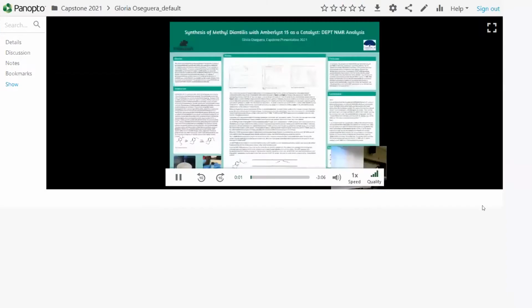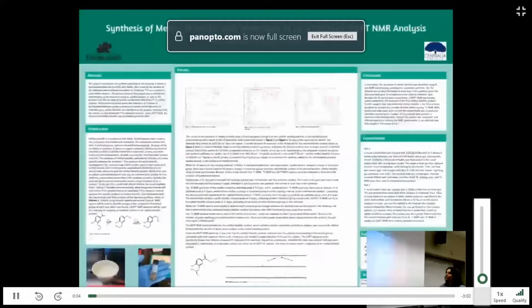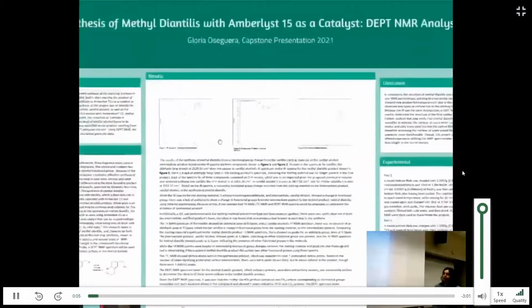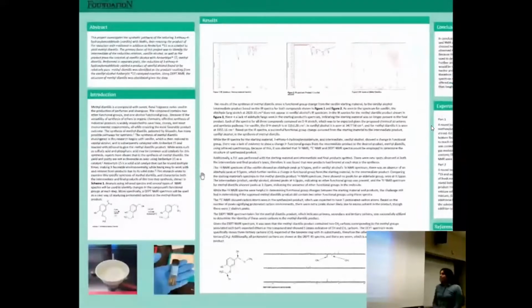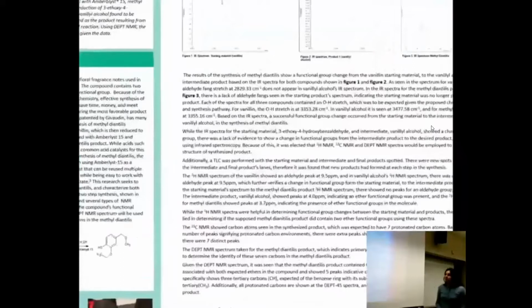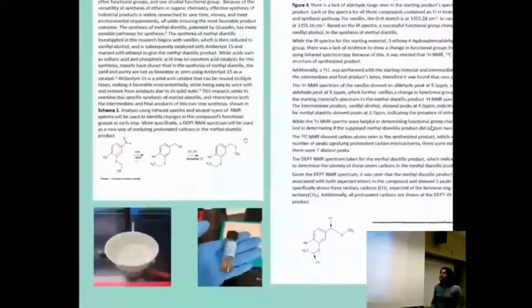Okay, so in my project, I synthesized dianthyllis. Methyl dianthyllis is a component in fragrances and shampoos, and it's a two-step synthesis. So this particular synthesis was patented by Givaudan, which is a fragrance company.